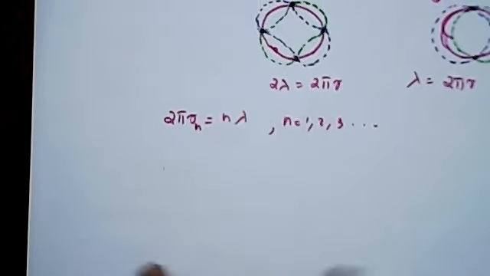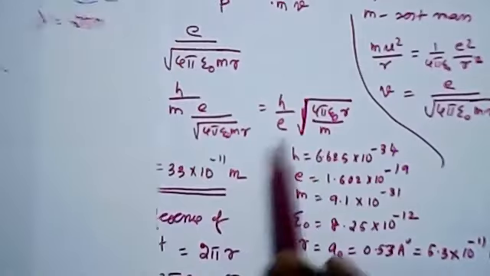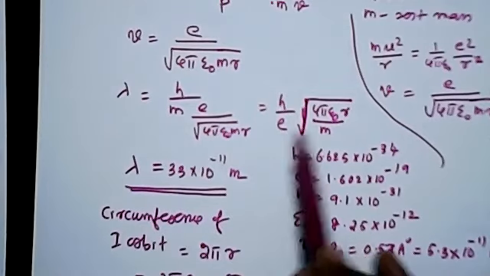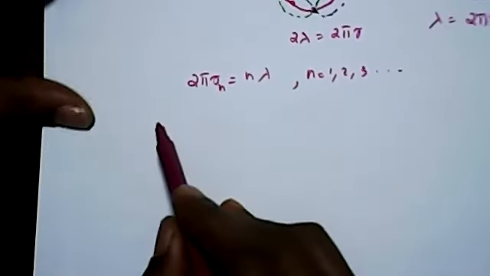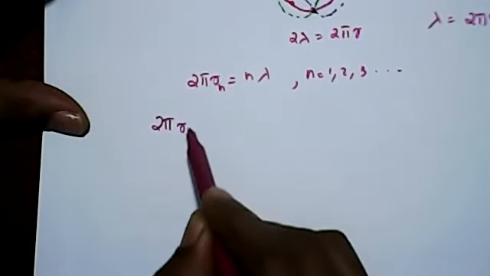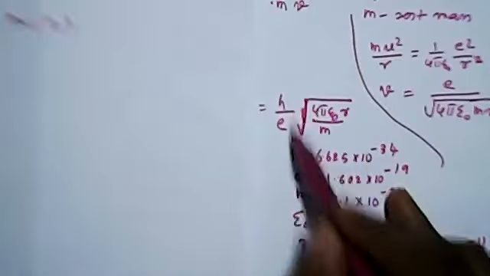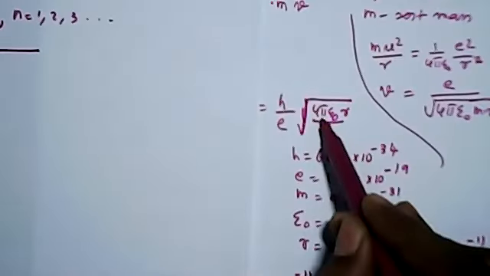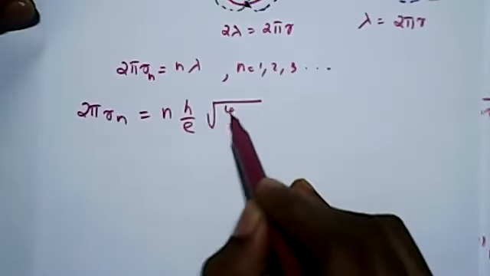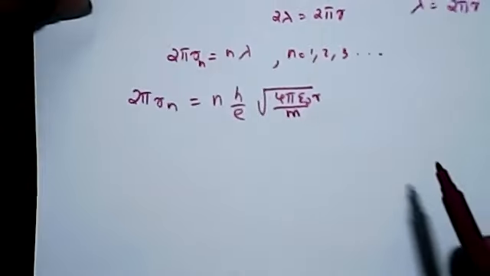We have already written the lambda expression: lambda equal to h by e into root of 4 pi epsilon 0 r divided by m.